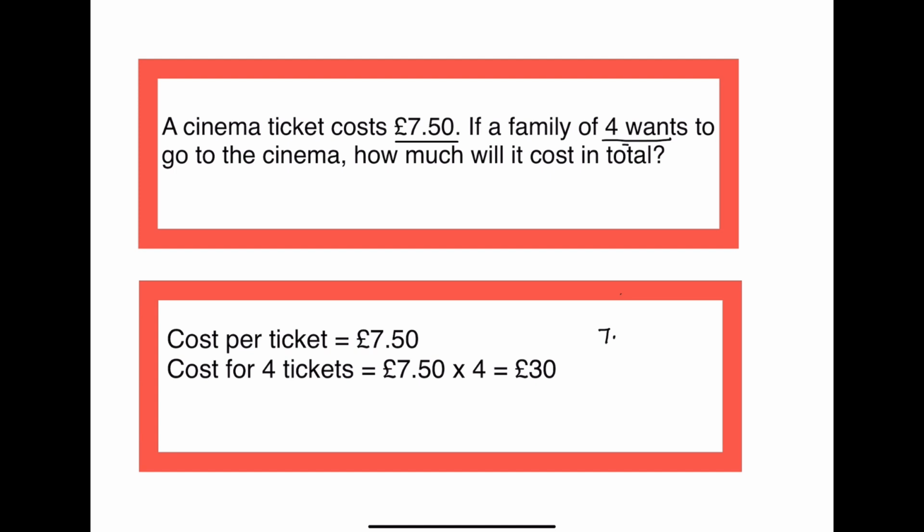So 7 pounds 50 times 4 is 3000, and place the decimal point 2 digits from the right side, and then we get 30 pounds. Answer is 30 pounds.